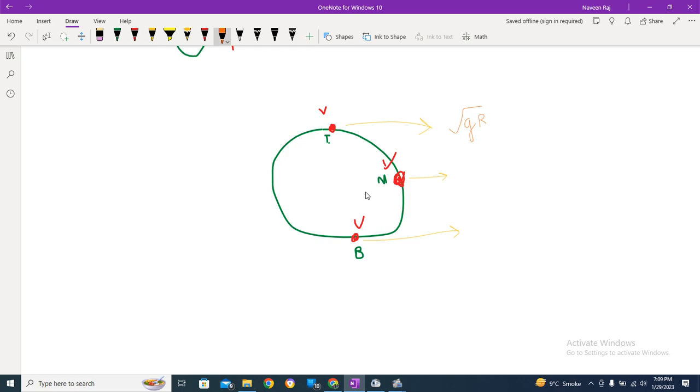The second one is for the midpoint: radical 3gr. And for the bottom point, it would be radical 5gr.